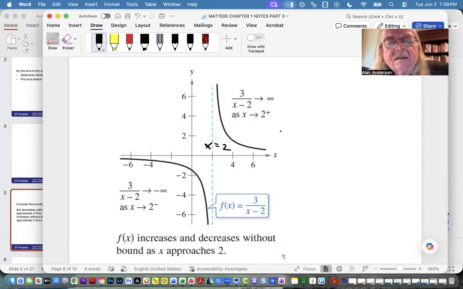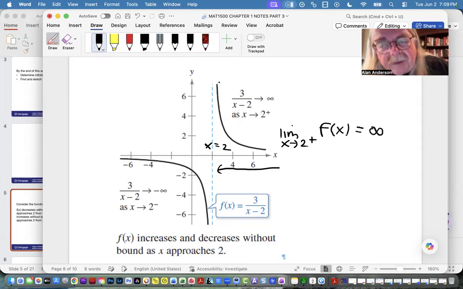But what they're telling us is that the limit as x approaches 2 from the larger values, coming this way, of this function is positive infinity. In other words, if you notice, this curve is going up and up and up forever. It just continues to rise forever.